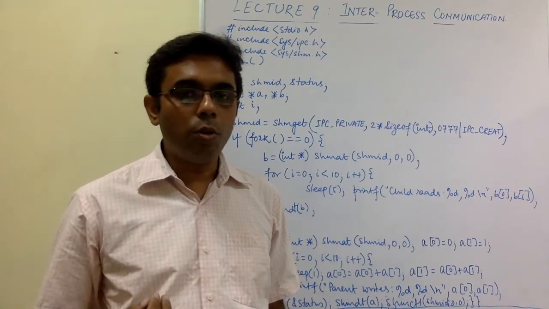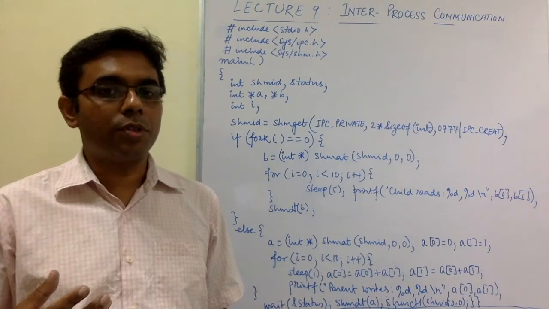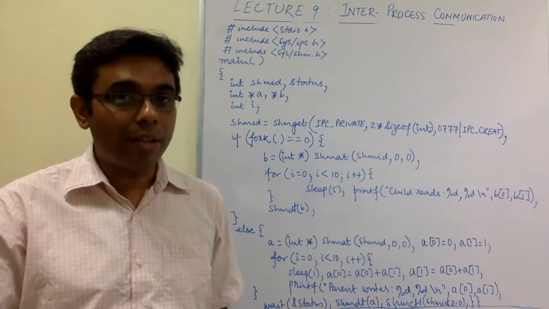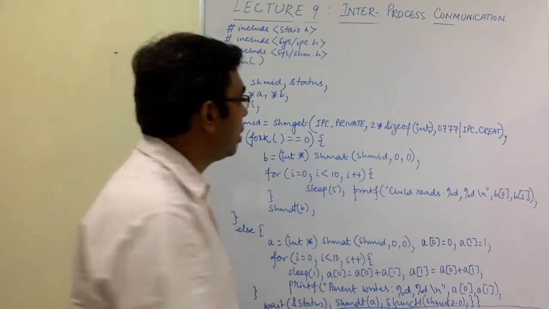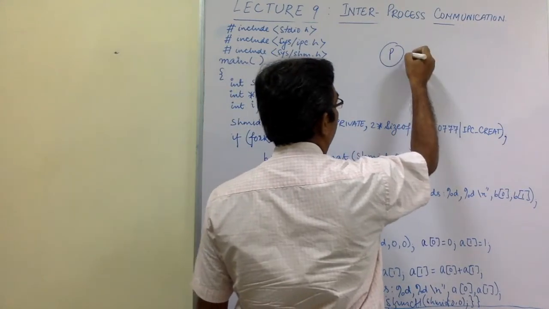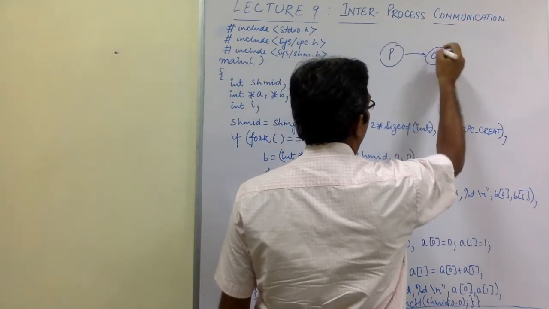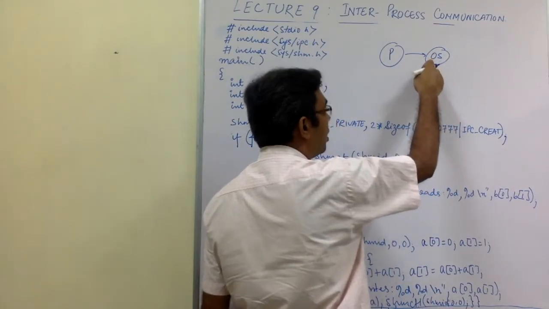So in order to have something done by the process which would be seen by the child, we make use of the shared memory segment in this case. It's something like this, that the process P would first request the OS to create a shared memory. The shared memory will be provided by the OS.